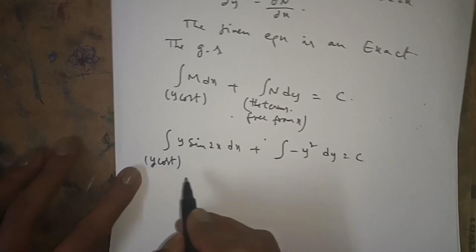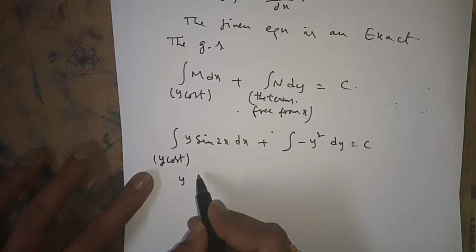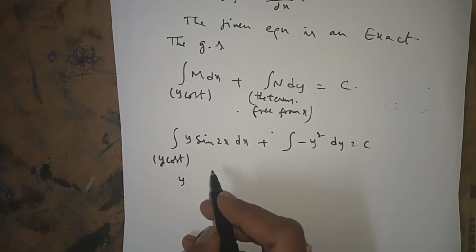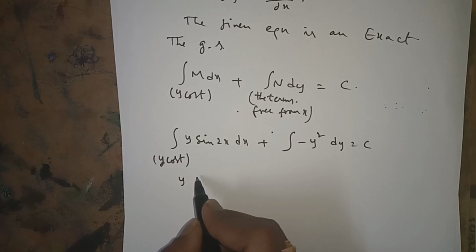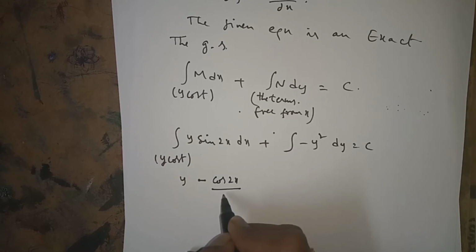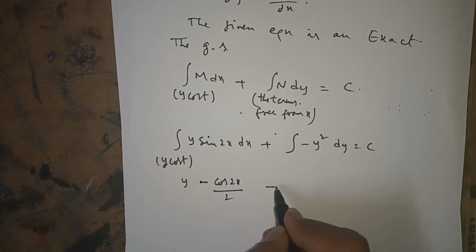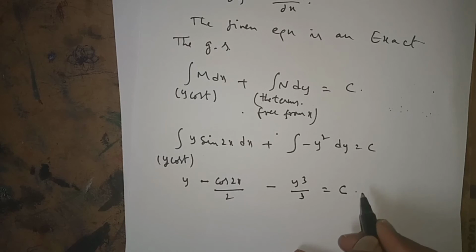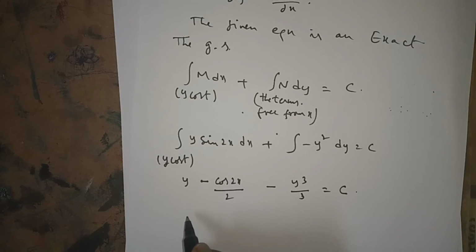Treating y as a constant, y into sin 2x. Integration of sin 2x is minus cos 2x by 2, minus y cube by 3 is equal to C. This is the answer.